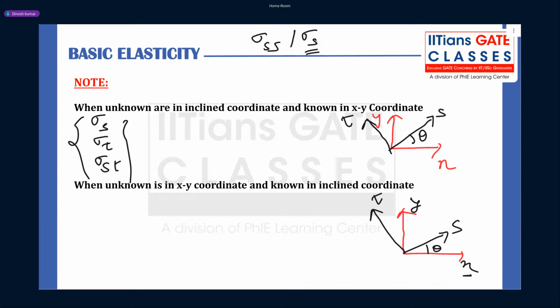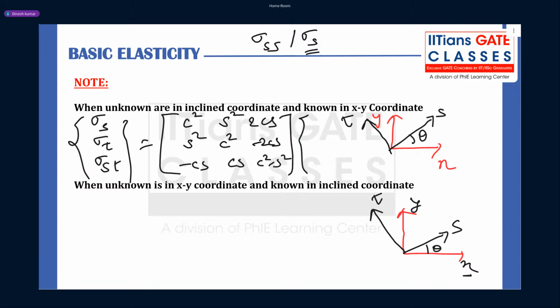So it is sigma S, sigma T, tau ST. It will be c square, s square, 2cs; s square, c square, minus 2cs; minus cs, cs, c square minus s square, multiplied by sigma x, sigma y, and sigma xy, right? Because these are unknown here.